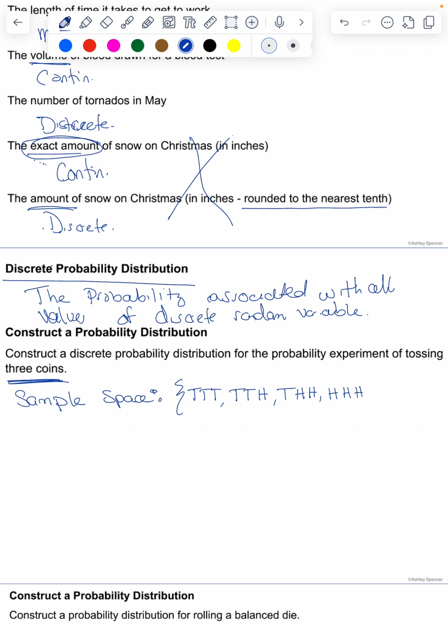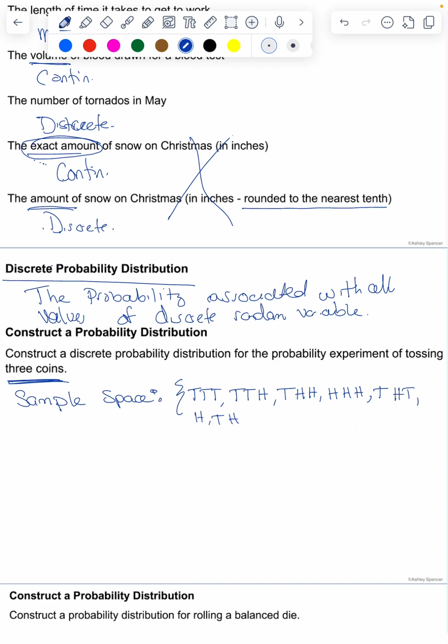We're just tossing the 3 and how do they come out. So we got tails, heads, heads. We got heads, heads, heads. We can also have tails, heads, and tails. We can also have heads, tails, and heads. 1, 2, 3, 4, 5, 6.